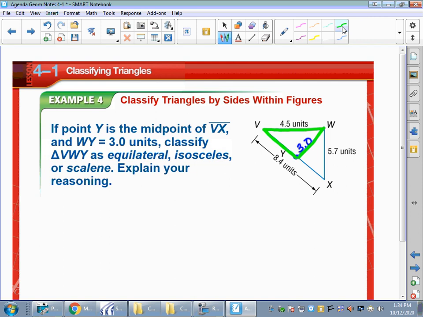Hopefully you agree it's got to be 4.2, right? Because Y is the midpoint. We know midpoints cut something into 2 equal parts, whether it's a segment or an angle, a bisector. So it looks to me like I have 3 different lengths, which would be a scalene triangle. Just a little messy, but everything's there. You just have to read between things.